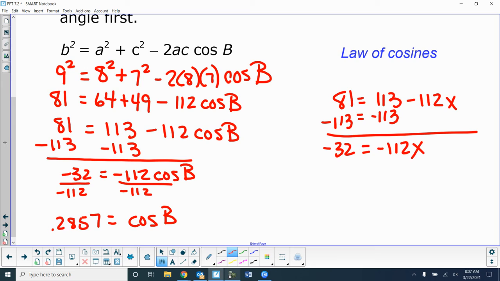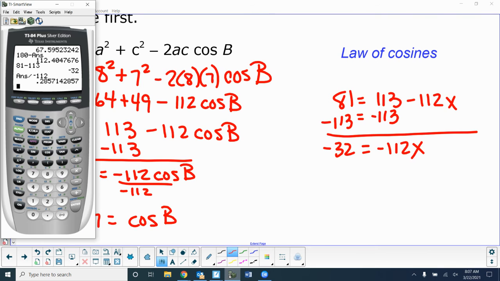So you're used to hitting second sine. So sometimes a mistake we make, we've been hitting second sine a lot. We hit that. But remember, this is law of cosine. So I'm going to hit second cosine, inverse cosine, second answer. And I get 73.4 degrees for that angle.